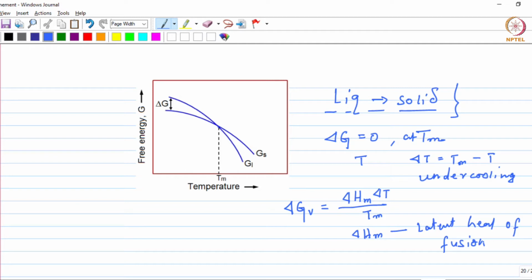Right? So from here you can realize that as the undercooling increases, delta GV also increases.